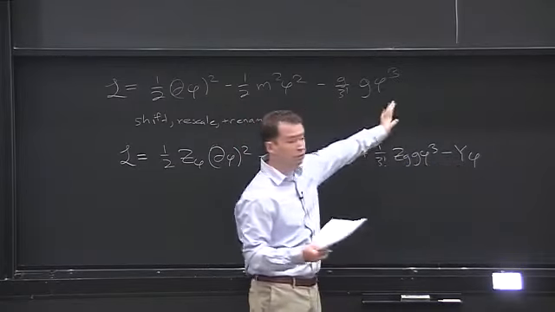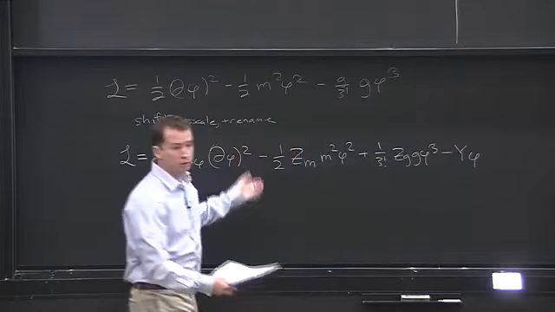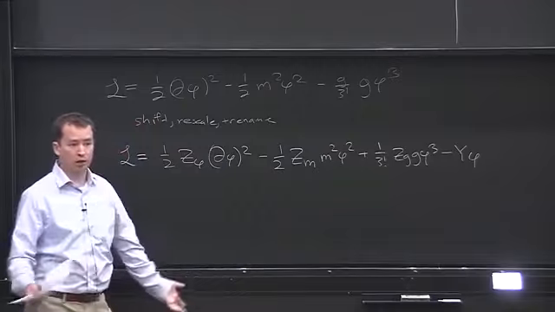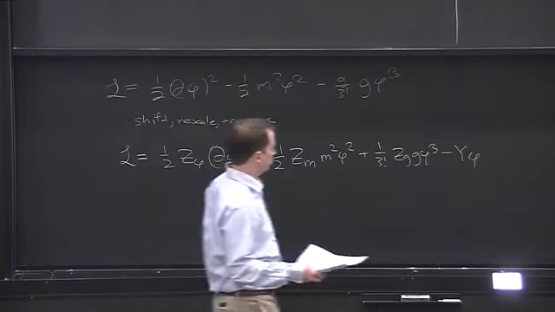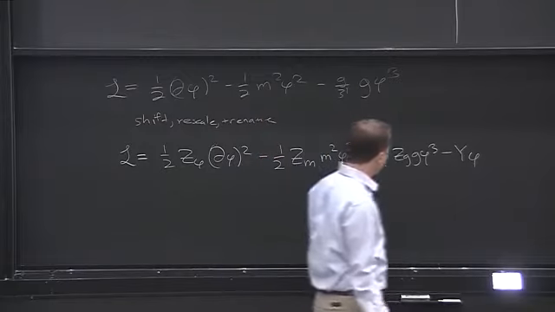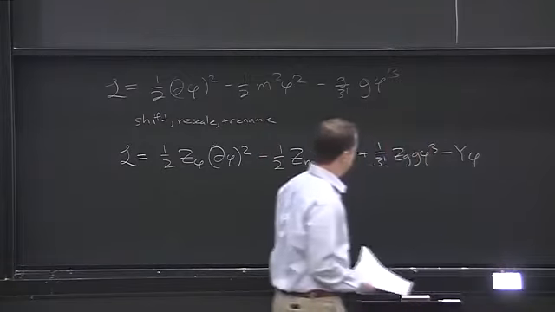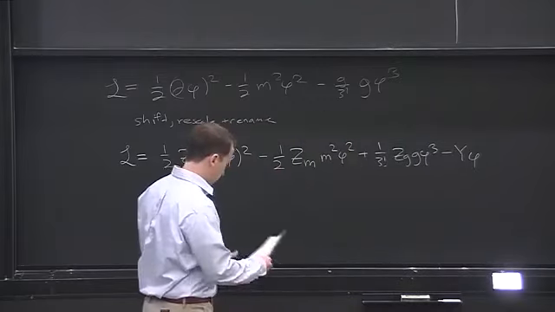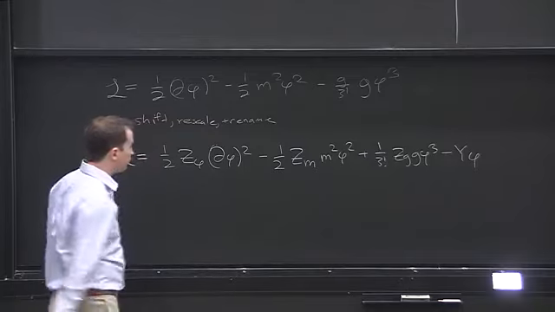If we shift a cubic polynomial, in general, we get a linear term in addition to quadratic and constant terms. We're ignoring constant terms because they don't involve the field, so they're not interesting for particle scattering. So we get a new term.